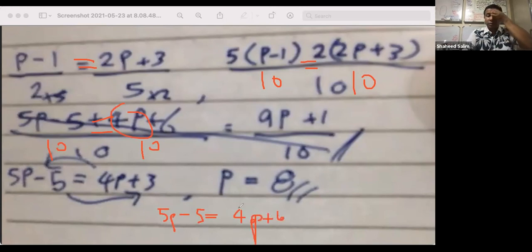So you bring the 4p over this side, it becomes minus 4p. You bring minus 5 to that side, it becomes plus 5. So on the right hand side, it becomes 11, 6 plus 5. On the left hand side, you get 5p minus 4p equals p. So p equals 11.